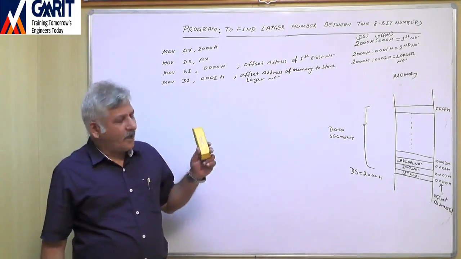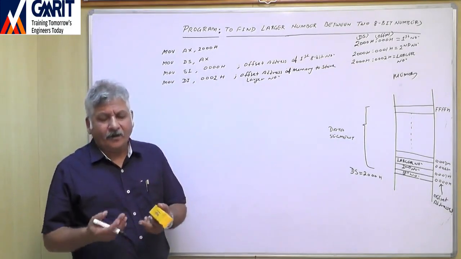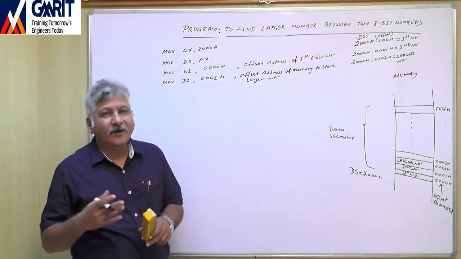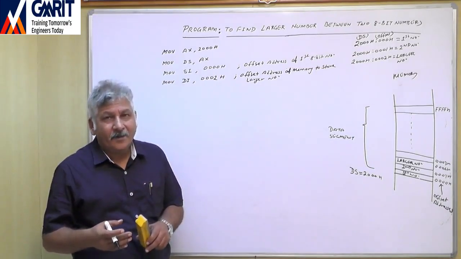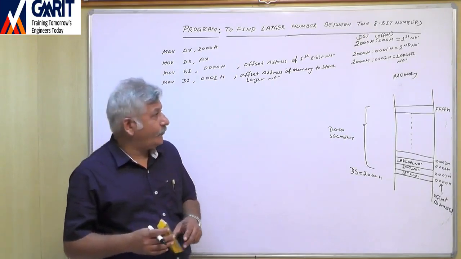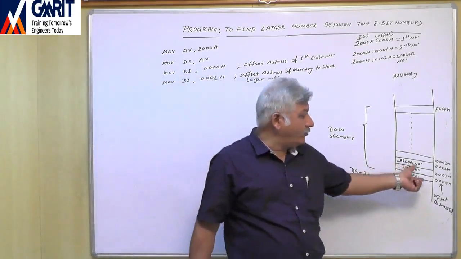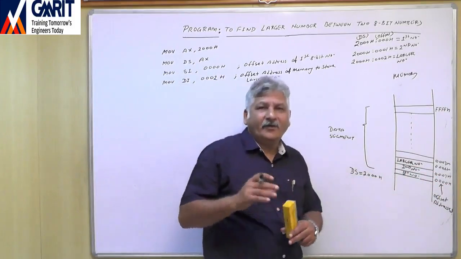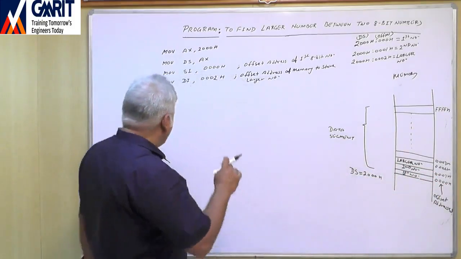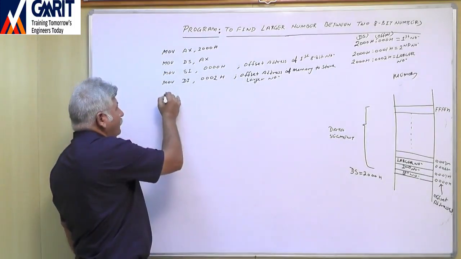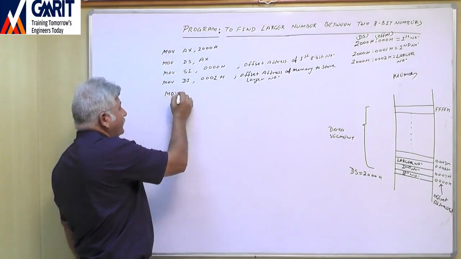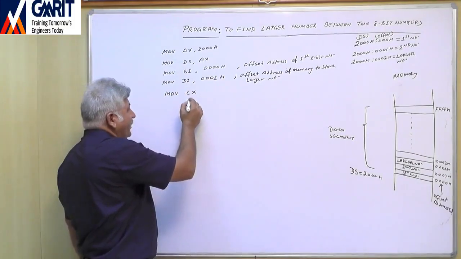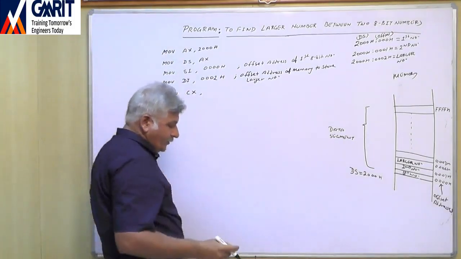After this, we can bring one number in AL and compare, but I will also use a counter in this program, so that if we have more than two numbers for comparison, then the same program can be used with slight variation, right? So I will use the register CX.